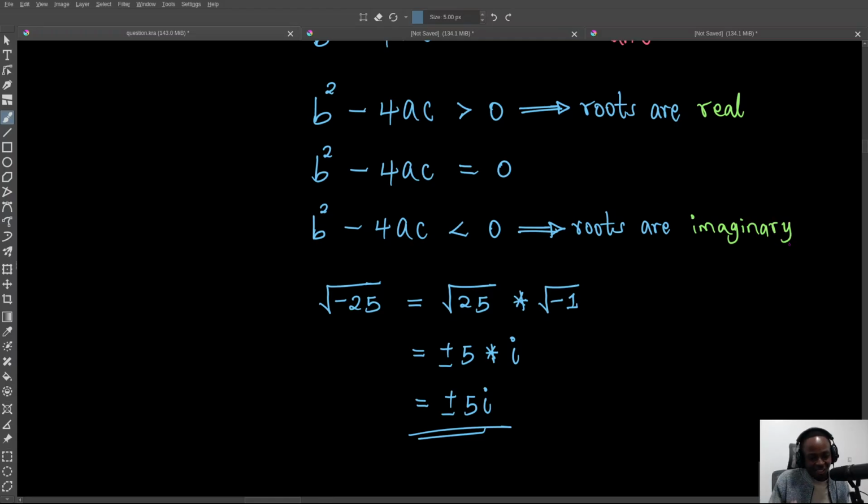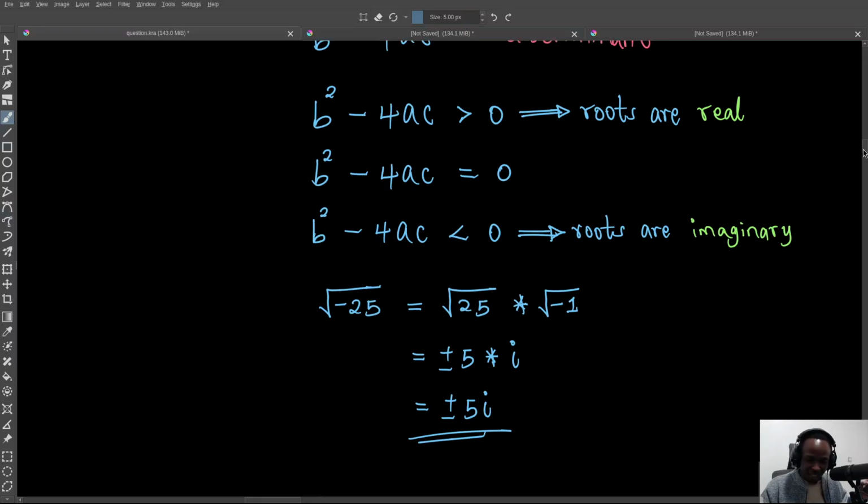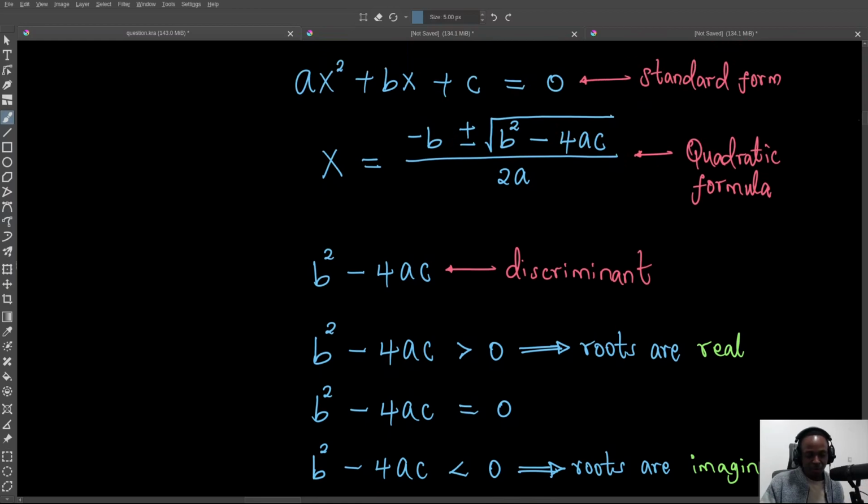Okay, now let's talk about the middle case. It's actually my favorite. When b squared minus 4ac is 0. When the discriminant is 0, that means we are looking for the square root of 0.